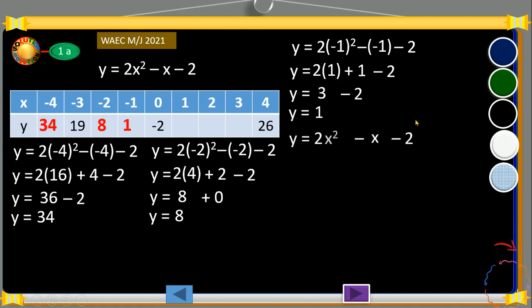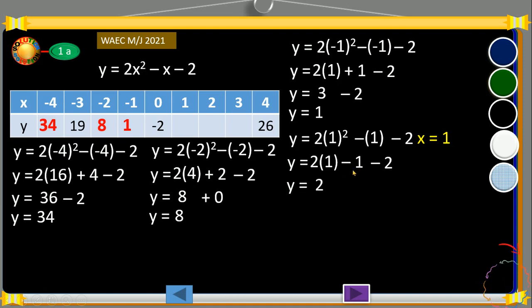Then we're now going to repeat the same process for when x is equal to 1. We replace this with 1, and then replace this with 1. Then on further simplification, this will give us 2, this will give us minus 1, and minus 2. This will give us 2 minus 3. Then finally, we are going to have minus 1. So when x is equal to 1, y is minus 1.